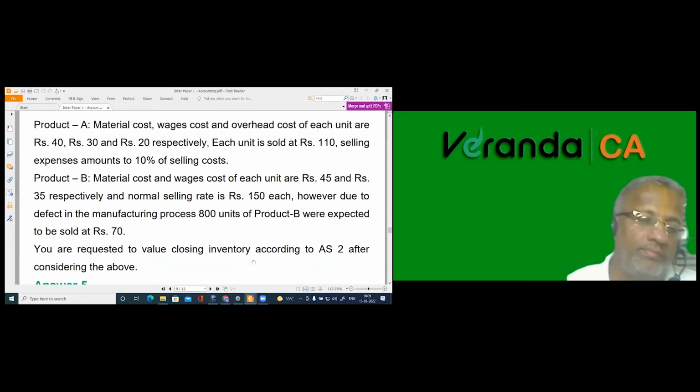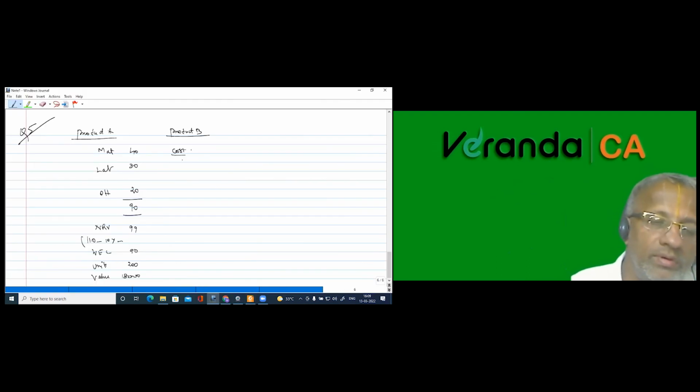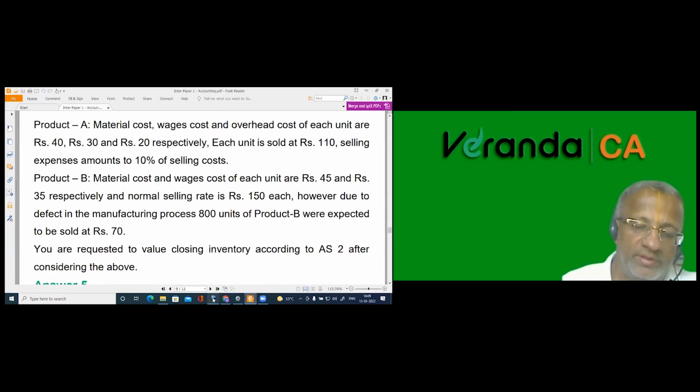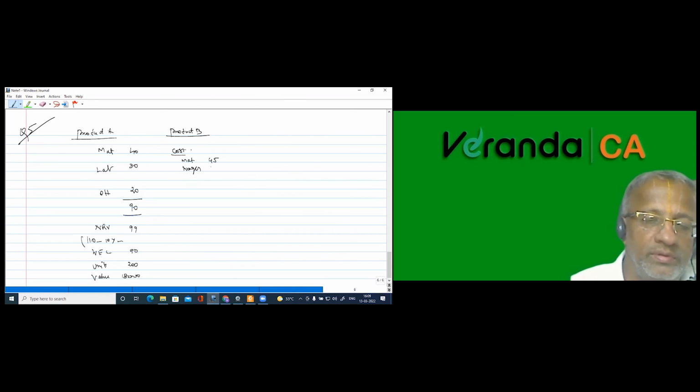Product B. Cost: material and wages together 80. NRV, as given, is 70. So value is cost or NRV, whichever is lower, 70 the NRV.